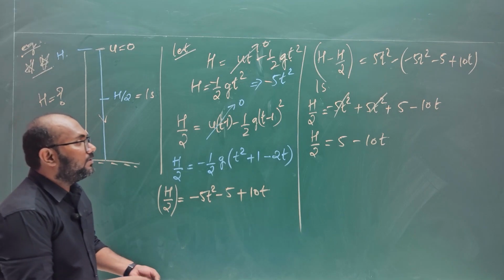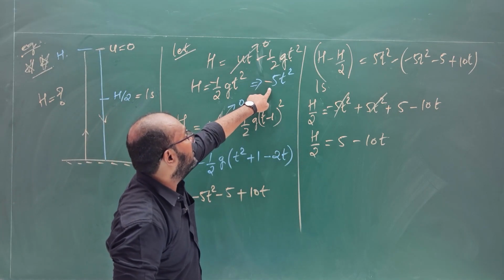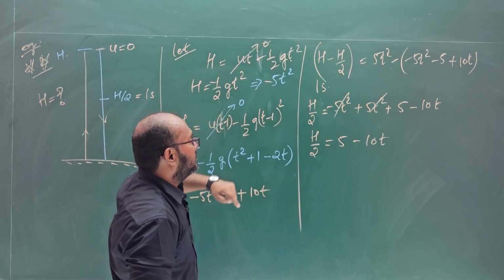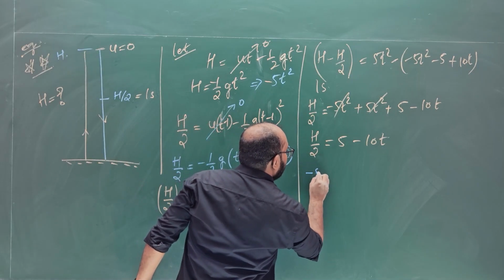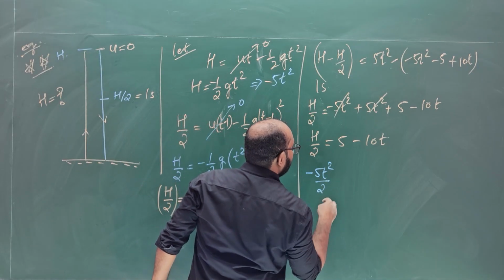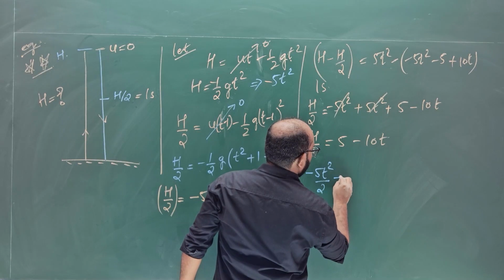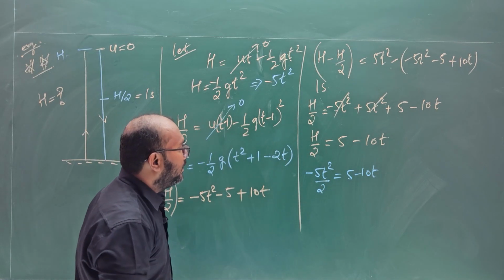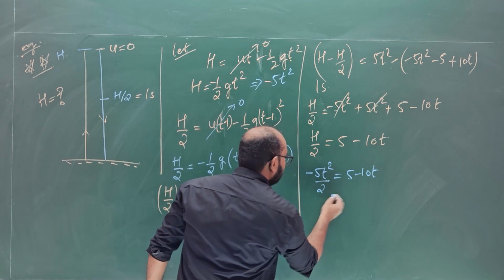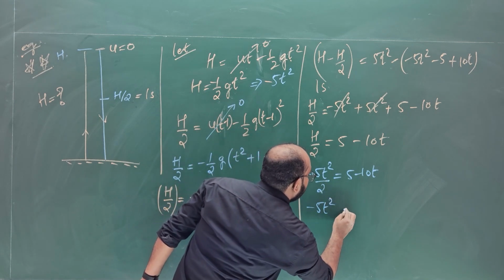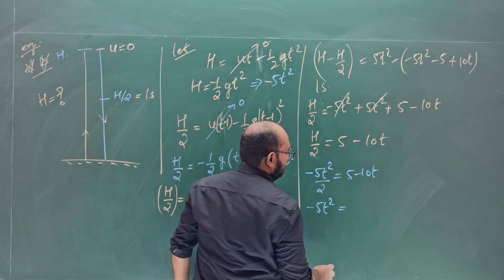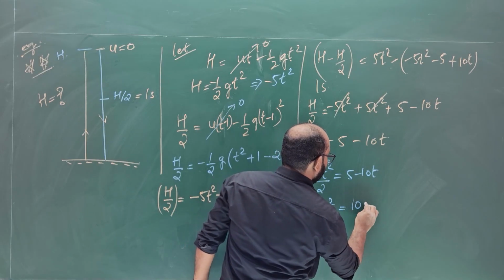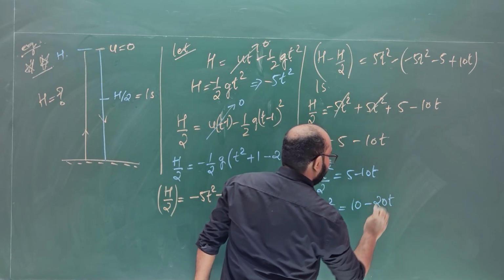Okay. Now substituting the value of h. What is the value of h? Minus 5t square. So minus of 5t square upon 2, which is equals to 5 minus of 10t. And then solving this, minus 5t square, which is equals to, this becomes 10 minus of this 20t.